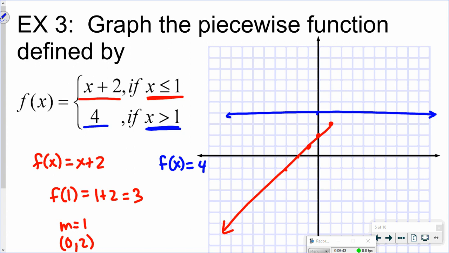So when I plug in 1 for x, I still get 4 for y because that's my only option. So its starting point is 1, 4. Like my first function, the starting point was 1, 3. So it started at 1, 3. This is starting at 1, 4. Okay, so 1, 4. Notice that this is not an equal to. So that 1, 4, I'm going to put an open circle.